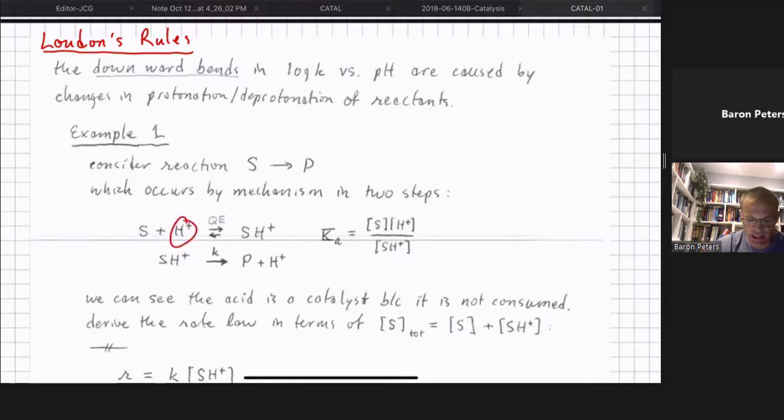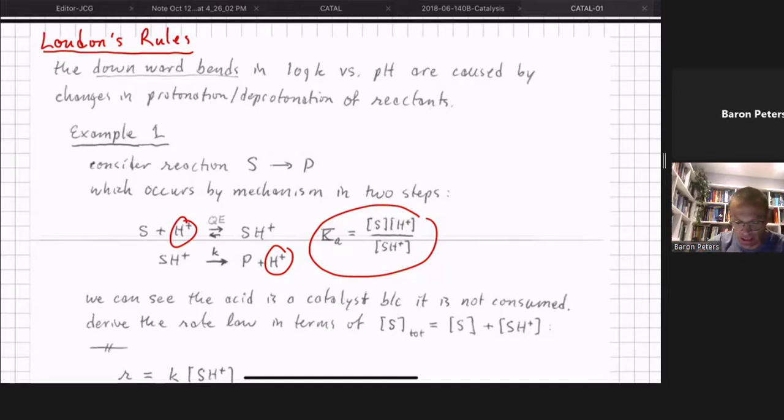Notice that my H+ catalyst appears as a reactant and again is regenerated as a product, and so it is a true catalyst here. Also note that the equilibrium constant is written for the reverse process of the one that I wrote here. That's because when we talk about equilibria that are protonations and deprotonations, we usually work with the acid dissociation constant, Ka.